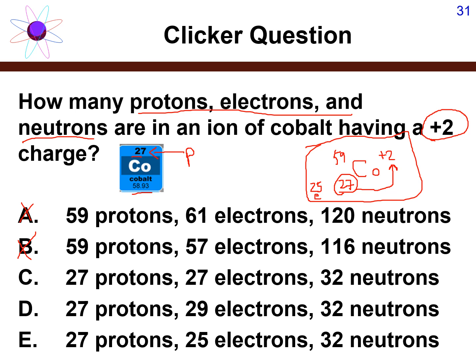Even right now we can eliminate these two options, and this would be our answer. And how do we get neutrons? Simply take that 59, subtract 27, and you get 32 neutrons. But the point here is calculating the number of electrons from an ion. This is a +2 cobalt ion.